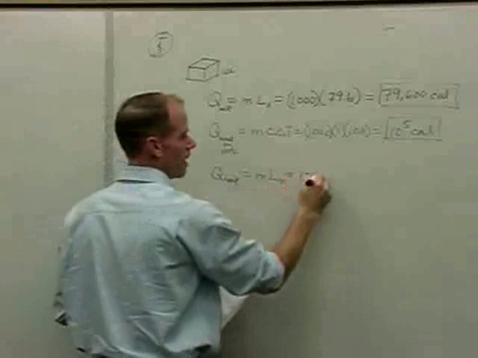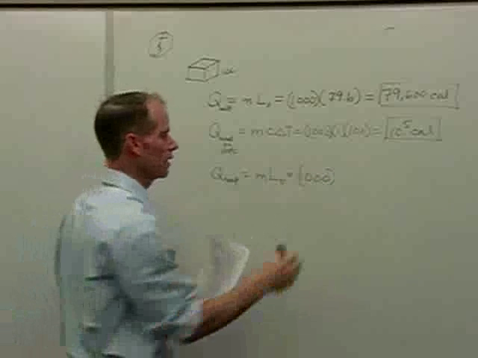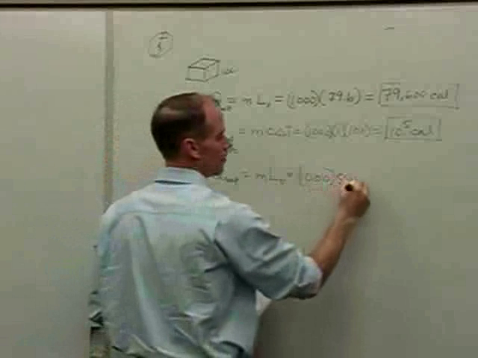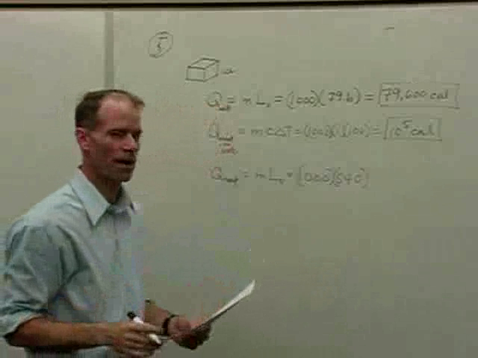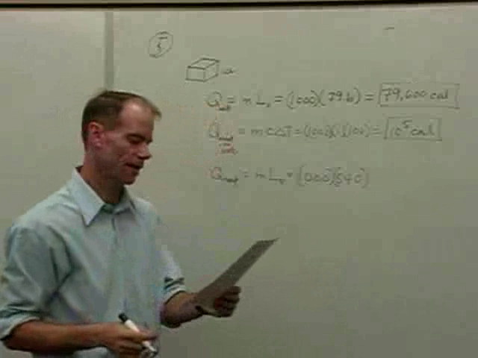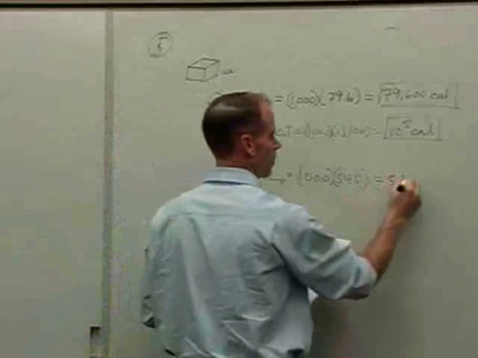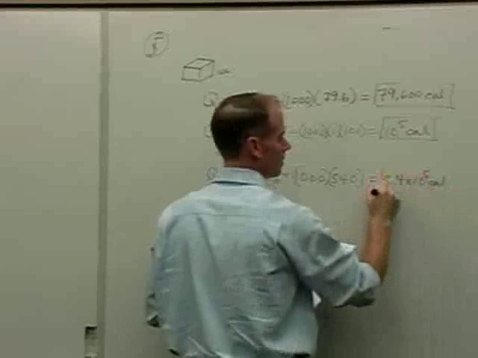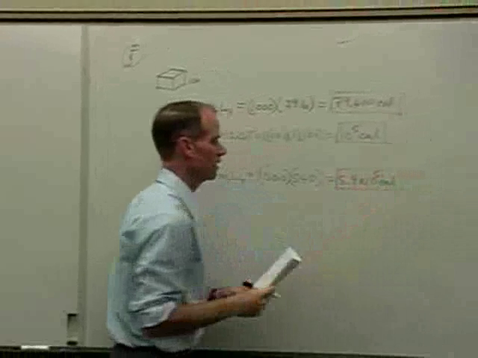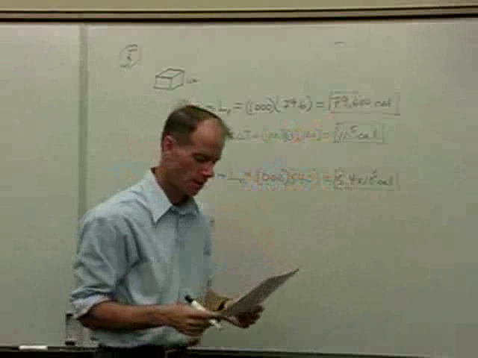So that would be 1,000 grams, and that is 540 calories per gram for the latent heat of vaporization. So this is 5.4 times 10 to the 5 calories, by far the most heat required in these three processes.